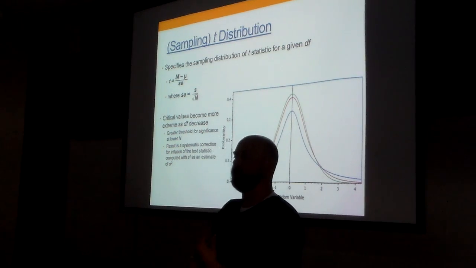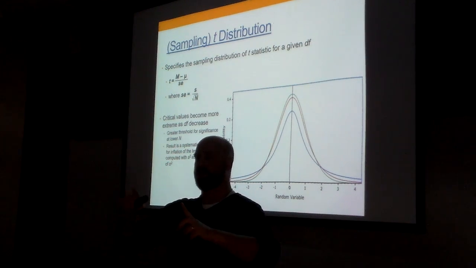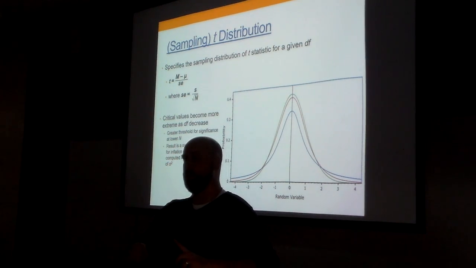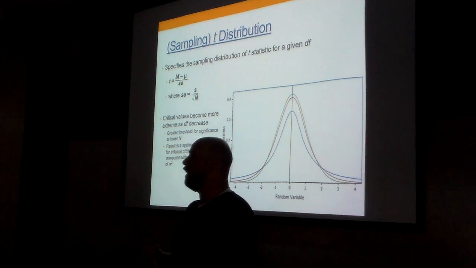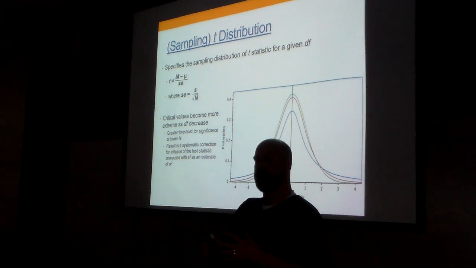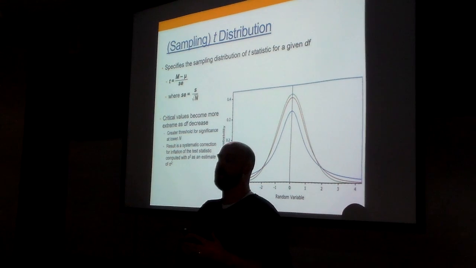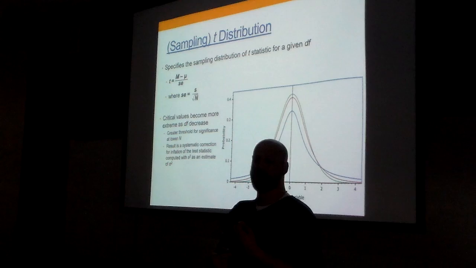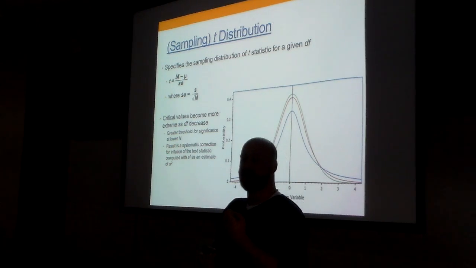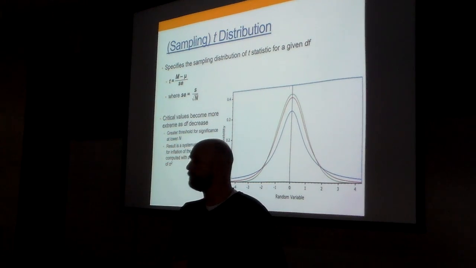Now, if I have enough people in my sample, that T curve might look a lot like the Z curve, but we usually don't have a lot of people in our sample. And so Gossett worked through all this to solve the problem of how to conduct appropriate tests of statistical significance when we've got small samples and we're using our sample variance as an estimate of the population variance.